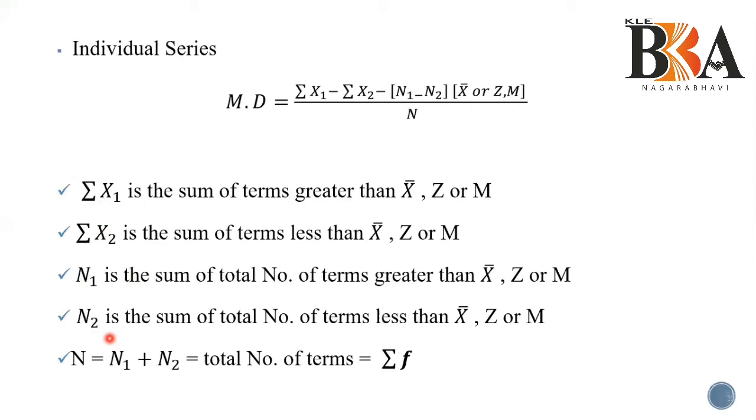If the number of terms is lesser, we treat it as n2; if it is greater, it is treated as n1. Also, n equals n1 plus n2, which is sigma f. So we will see how to deal with this.